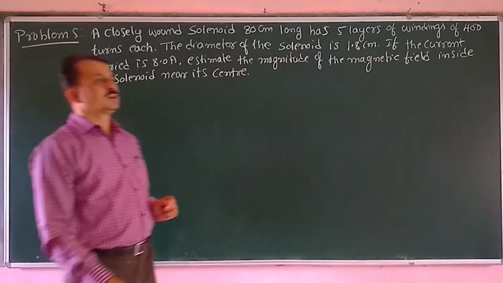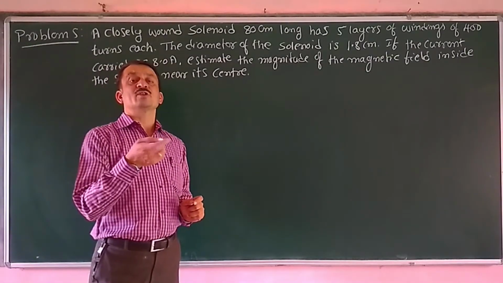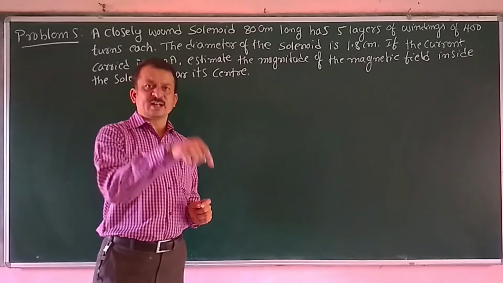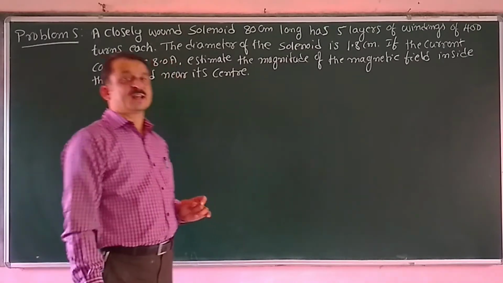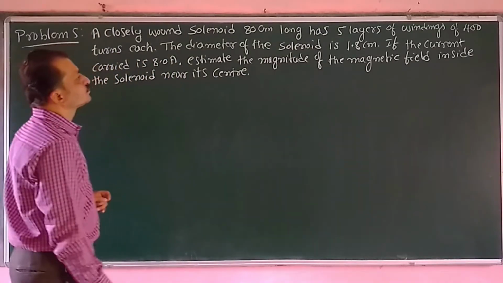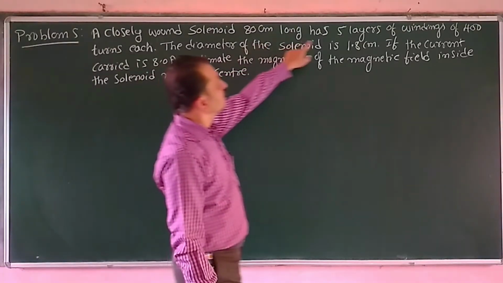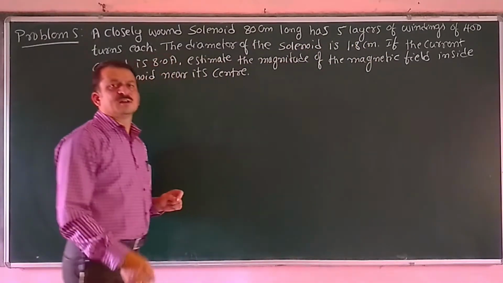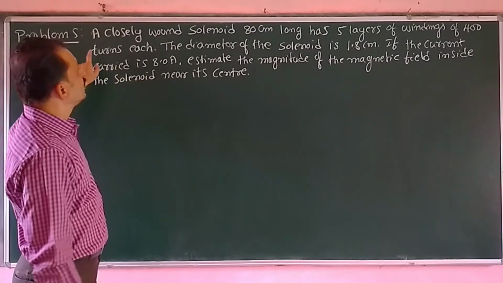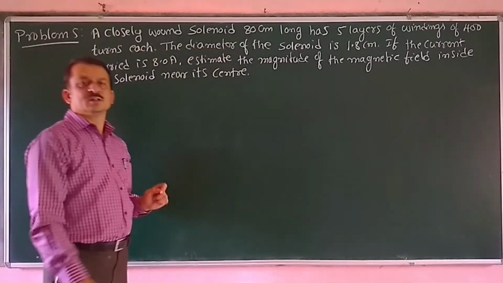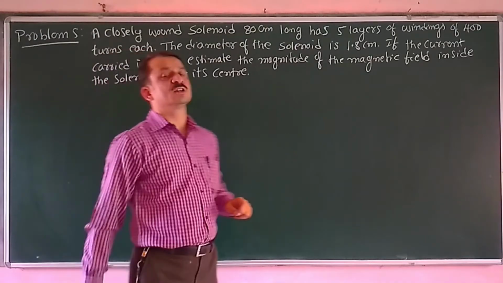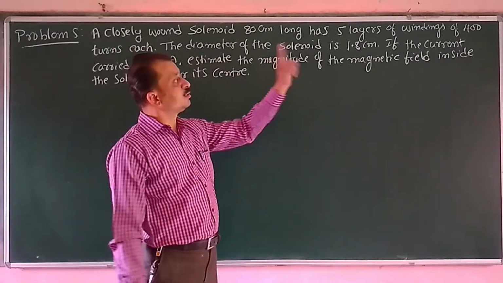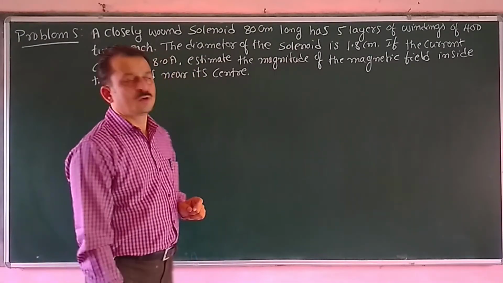Here we have to calculate the magnitude of the magnetic field inside a current carrying solenoid. Now each layer is having 400 turns, so in total the number of turns is 5 into 400.